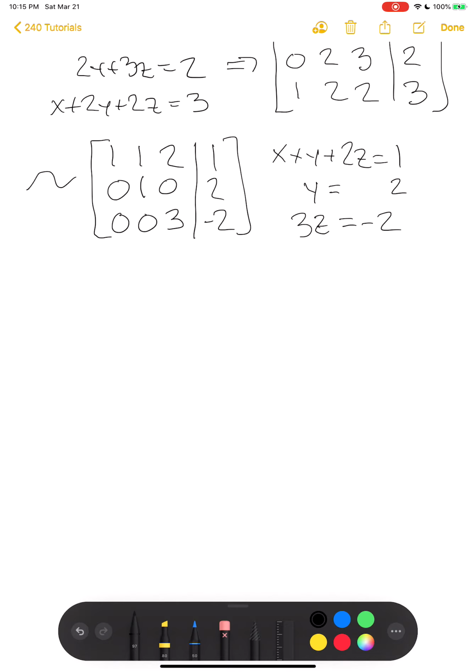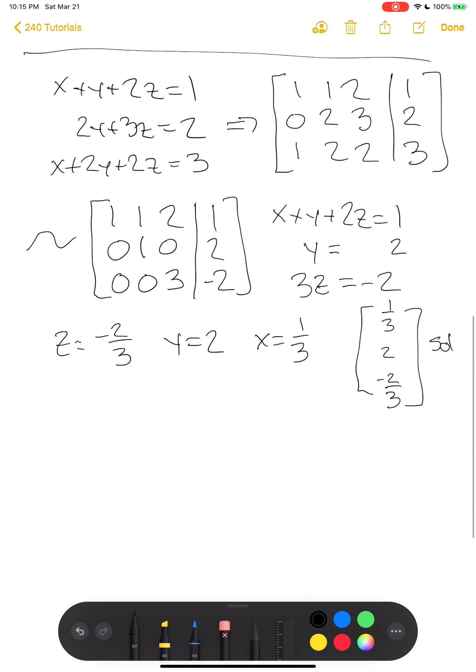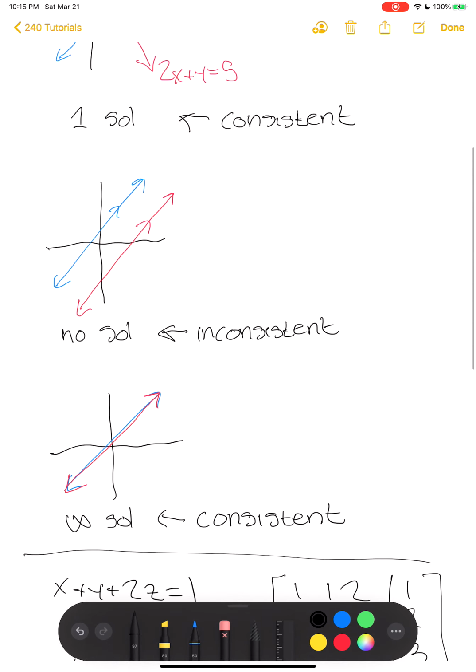So right off the bat, I can say that z is equal to negative 2/3, y is equal to 2, and then if I plug those in, I should get that x is equal to 1/3. Great. So then my solution is 1/3, 2, and negative 2/3. This is my solution here. Okay, so note here that we had the case where we just have one solution, right?